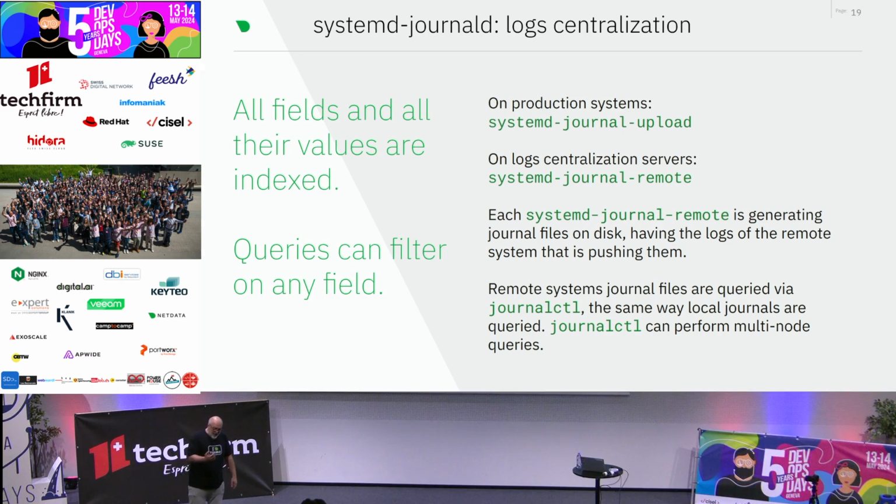Now, when you query, to go back to the previous slide, you actually open as many files as there are on the disk. And you query them all in parallel. So the moment that libsystemd opens the files, they become one stream, all of them, across all servers, if you have multiple. This makes it extremely flexible.